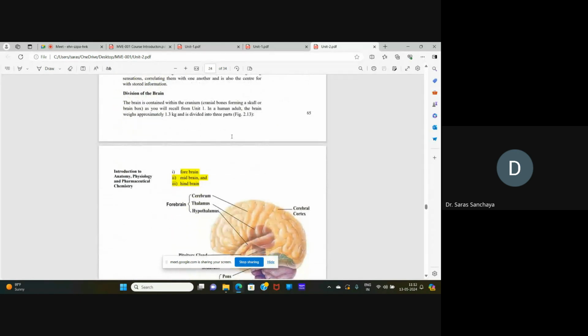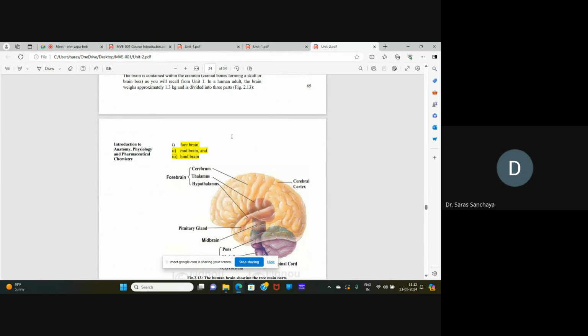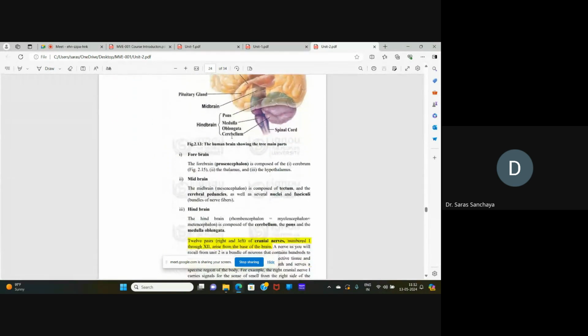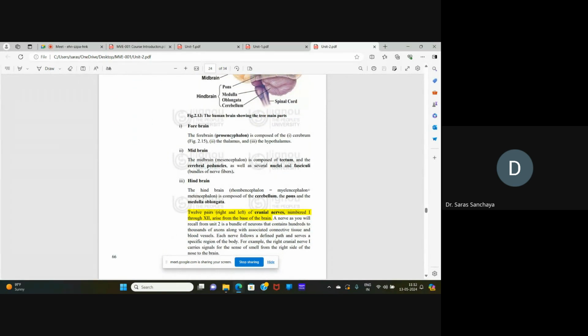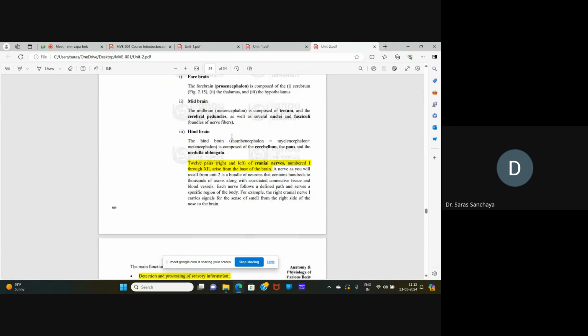Brain can be divided into forebrain, that is cerebrum, thalamus, hypothalamus, midbrain, and hindbrain. There are 12 pairs of cranial nerves numbered 1 to 12 which arise from the base of the brain.